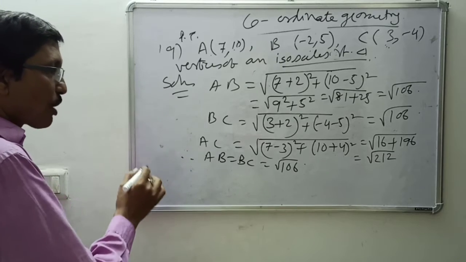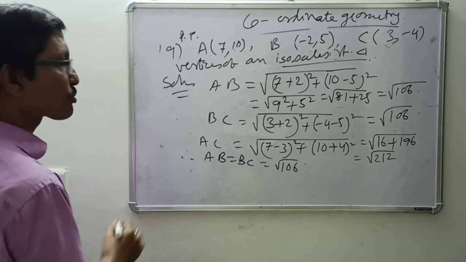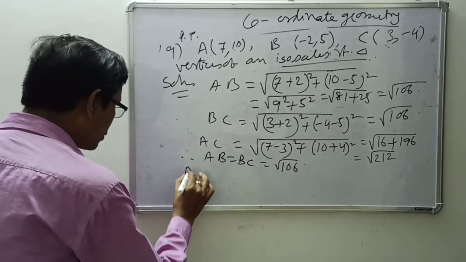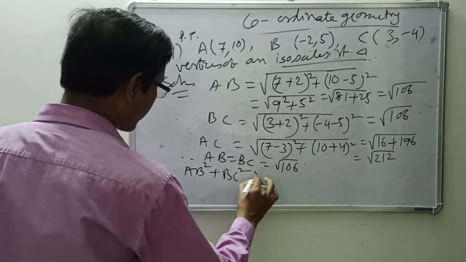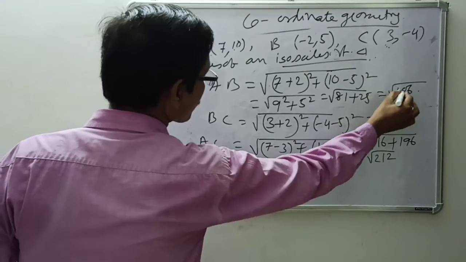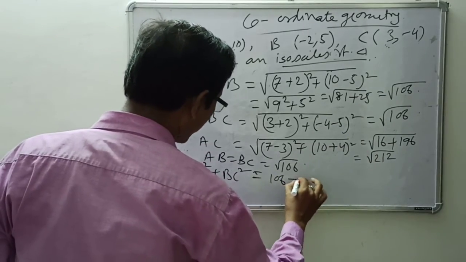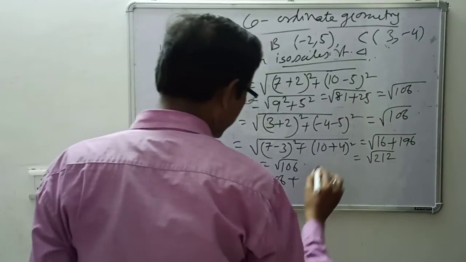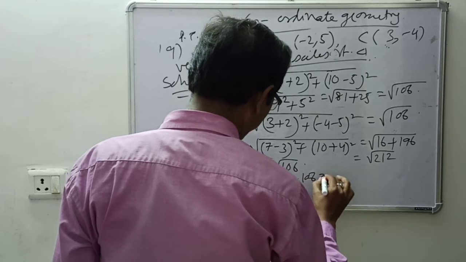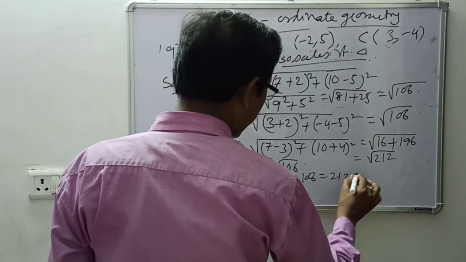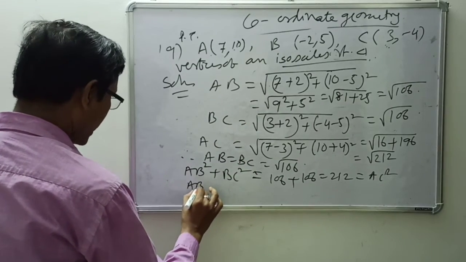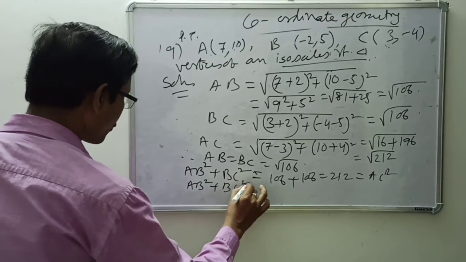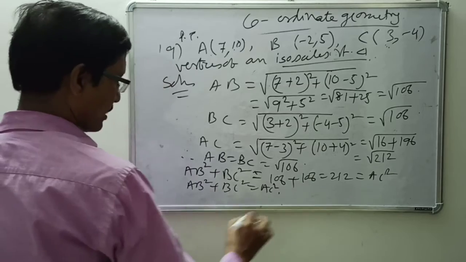The square of one side is equal to sum of the squares of other two. तो sum of the squares of other two यदि करे AB square plus BC square, देखो क्या हो AB square root square हो जाएगा तो root will be removed. BC square root 106 का square, it will also be 106, 212, and that is what? AC square.